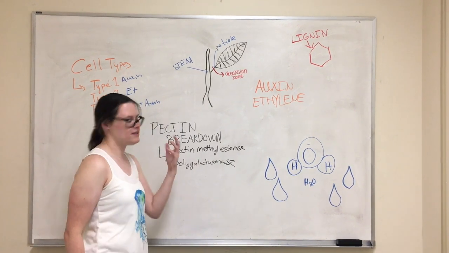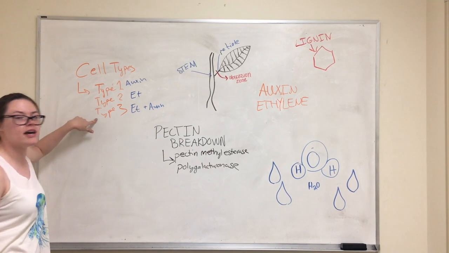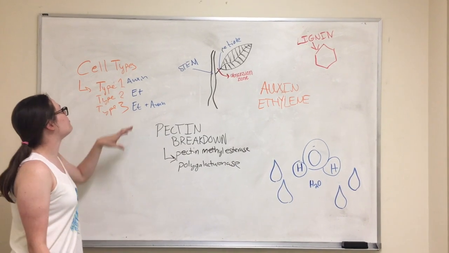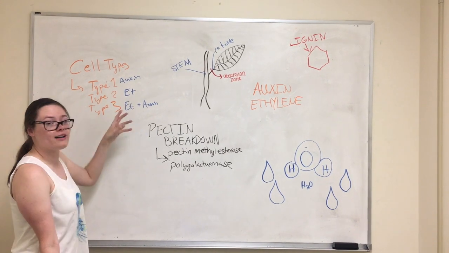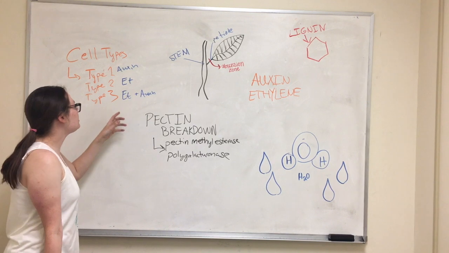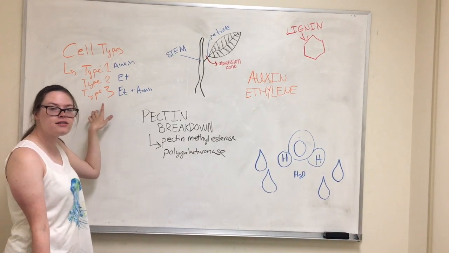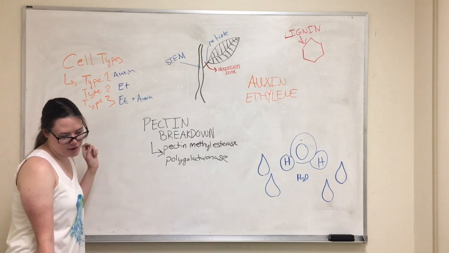These cells consist of 3 different cell types: type 1, type 2, and type 3 cells. Now, type 1 cells respond to the signal of auxin. Type 2 cells respond to ethylene only, and then type 3 cells respond to both ethylene and auxin signals.